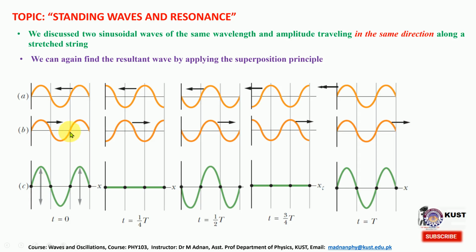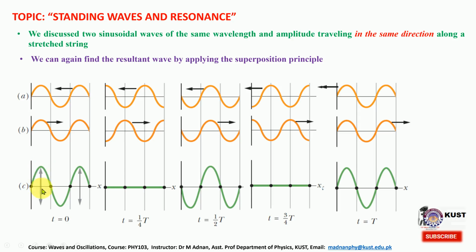If you remember from our last few lectures, if you send a sinusoidal wave on a string, each element of the string performs simple harmonic motion, that is, it moves up and down through the equilibrium point. But in the case of standing waves, the portions in between the nodes, these elements of the string, are performing a harmonic motion.